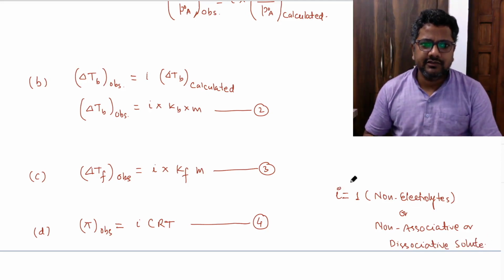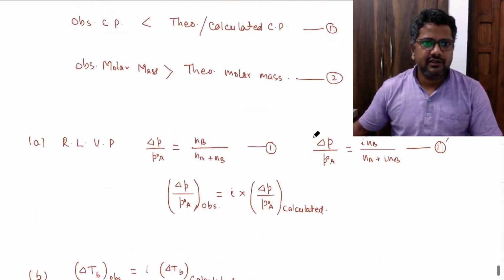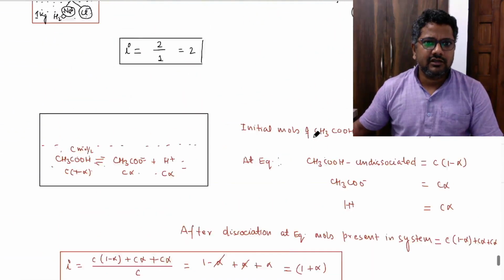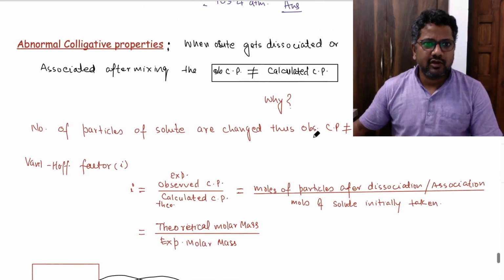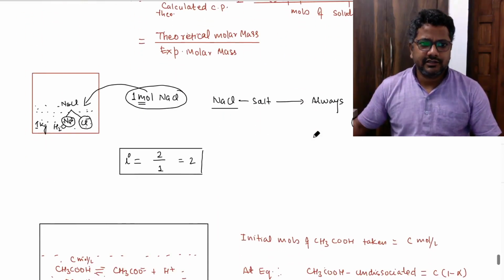So in this way you can do your calculations in terms of i. So this is all about abnormal colligative properties, how it is defined and how it is calculated.